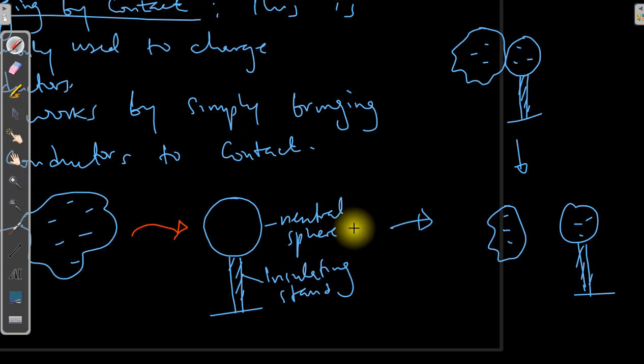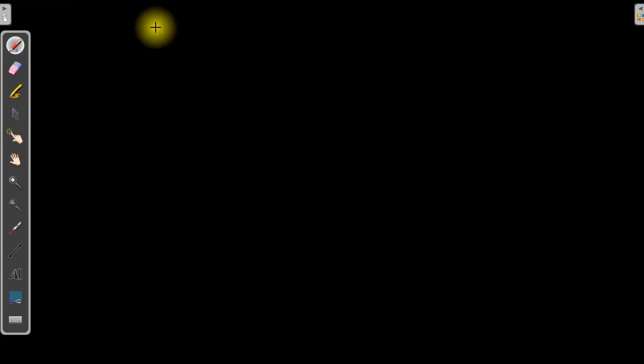Let me go ahead and look at the third method of charging, and that's going to be charging by induction.